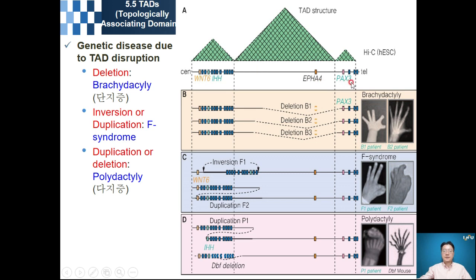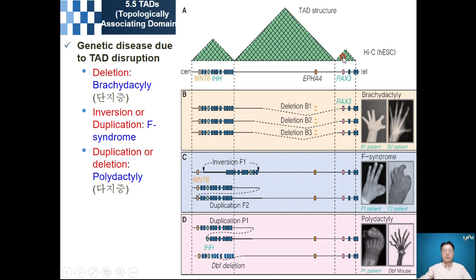Each region makes a TAD structure, meaning topologically associating domain. This is a border region, and this is a border region.